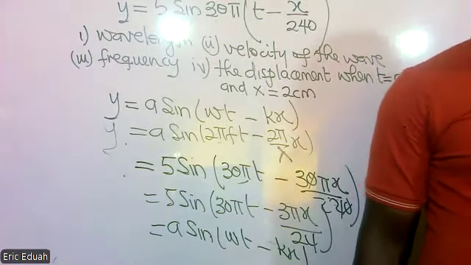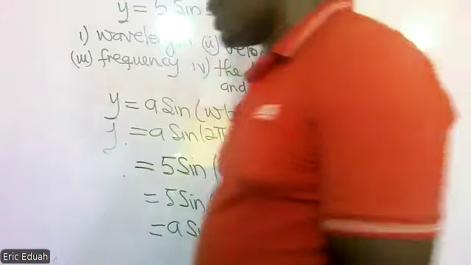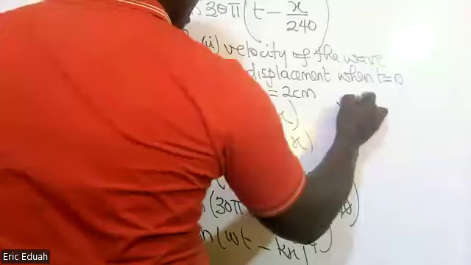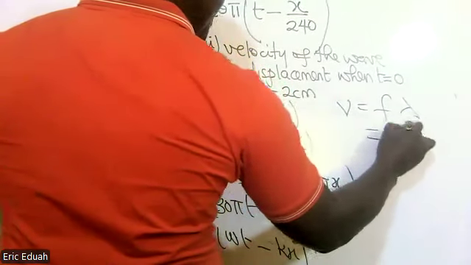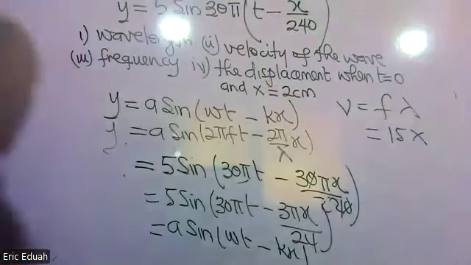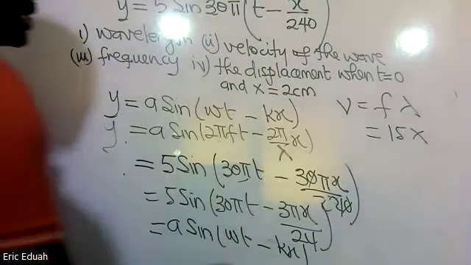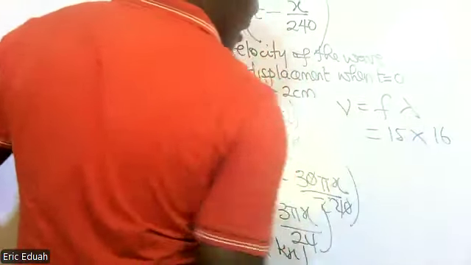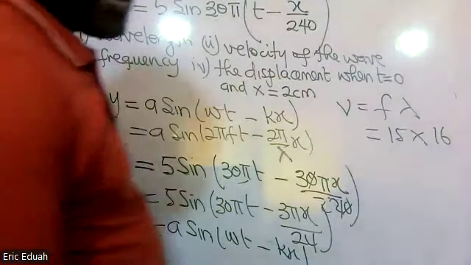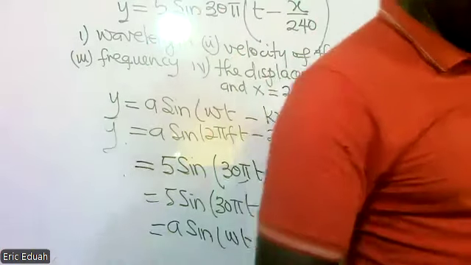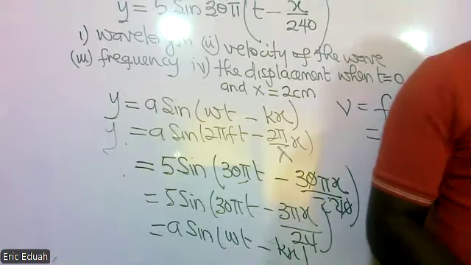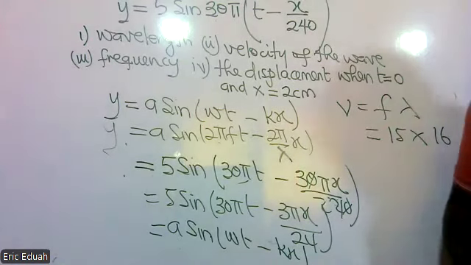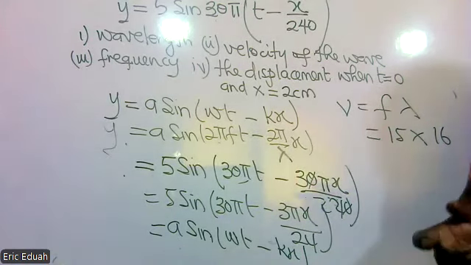Centimeter. So 240 centimeter per second. V is equal to F lambda. F is 15. Lambda is 16 centimeter. I think that's it.